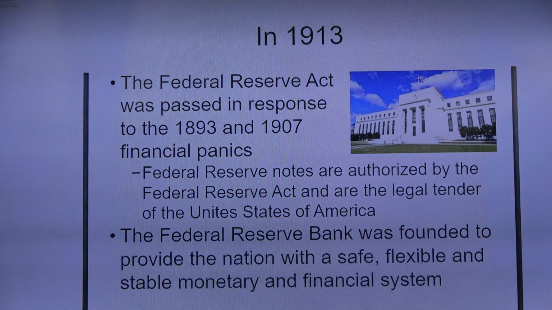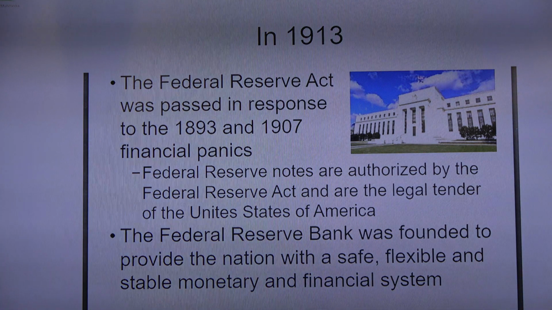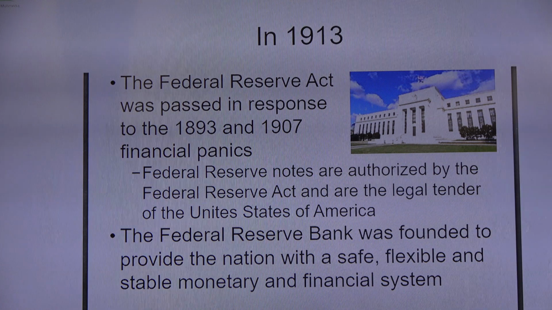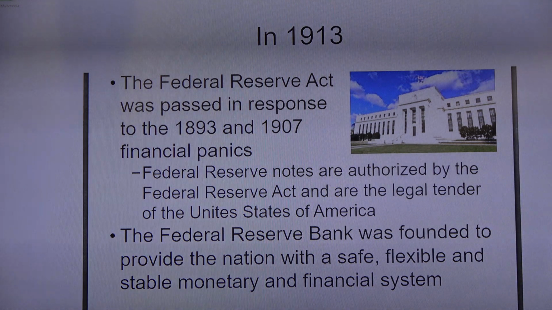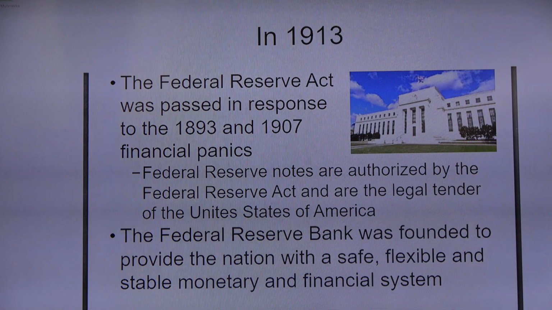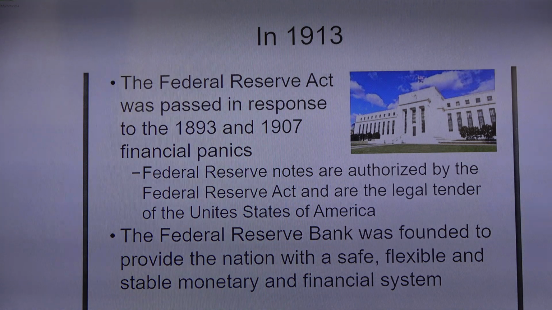Okay, then we're getting more progressive. In 1913, the Federal Reserve Act was passed in response to the 1893 and 1907 financial panics. And we know about the Great Depression that happened in the 20s, but these two were very significant also. Federal Reserve notes are authorized by the Federal Reserve Act and are the legal tender of the United States of America.